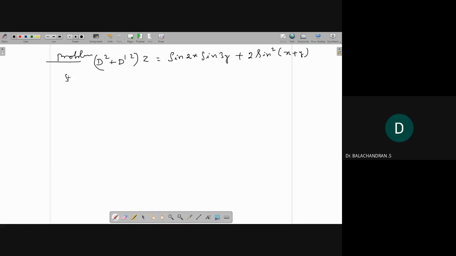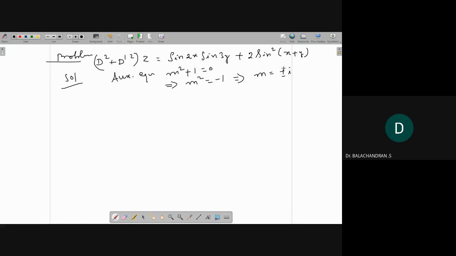Now, so first you need to find the auxiliary equation. So the auxiliary equation is m square plus 1 equal to 0. So this implies m square equal to minus 1. This implies m equal to plus or minus i.